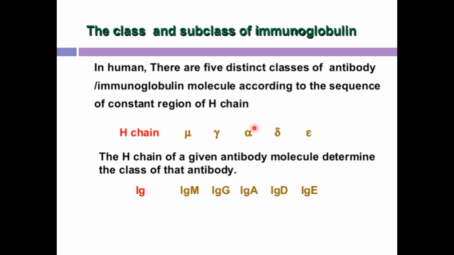If the heavy chain is alpha, it is called IgA. If the heavy chain is delta, it is called IgD. If the heavy chain is epsilon, it is called IgE. So the constant region of the heavy chain determines the isotypes of different immunoglobulins, or we can say the subclasses of immunoglobulin.